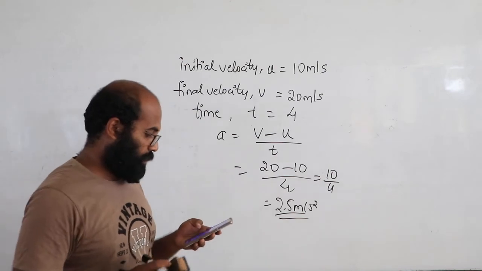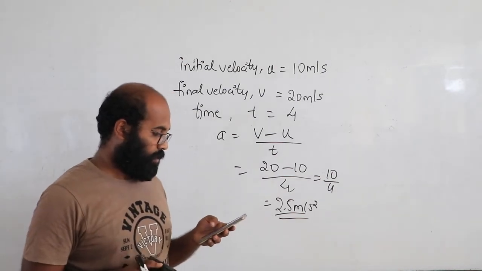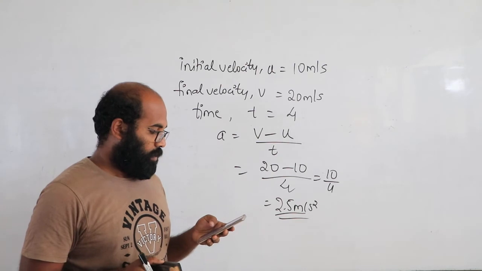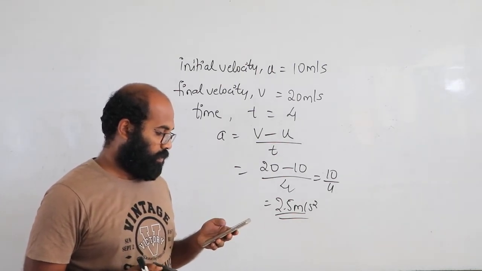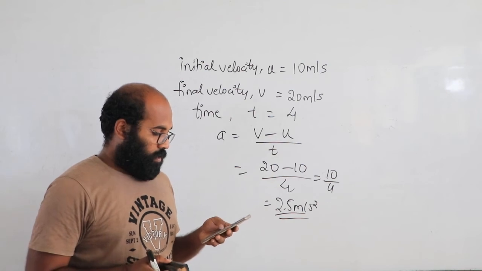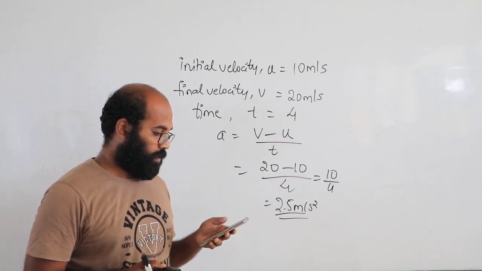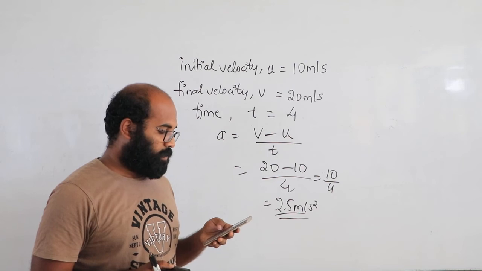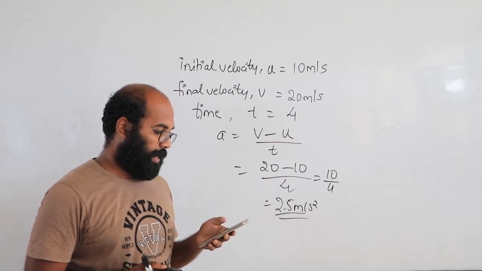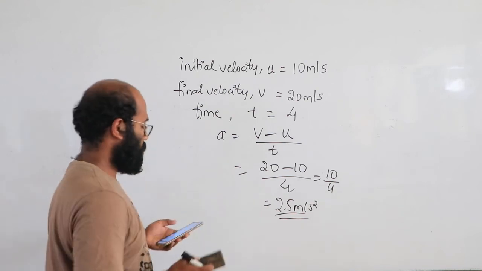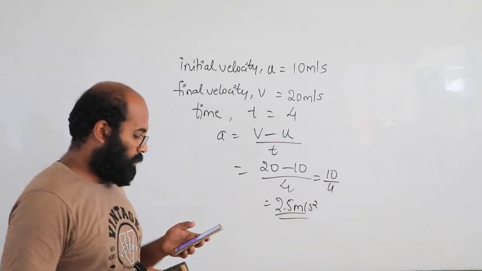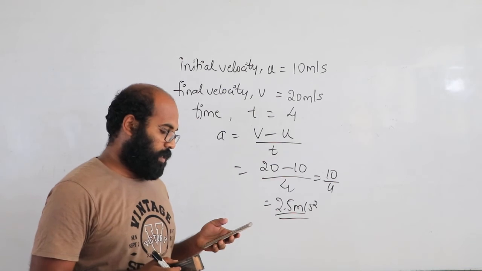Next, the maximum speed of a train is 90 km per hour. So that is the maximum speed. It takes 10 hours to cover a distance of 50 km.